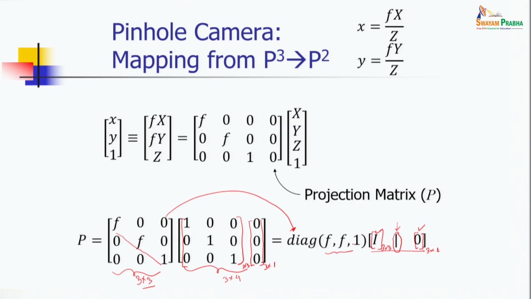Now, if we consider this point, you can see that if I make f equal to 1, then this projection matrix itself is a true canonical projection matrix. And then the rest of the coordinates. So, after you get the mapped point after applying this canonical projection matrix, that means I will consider the 3D world coordinate point in the homogeneous system.